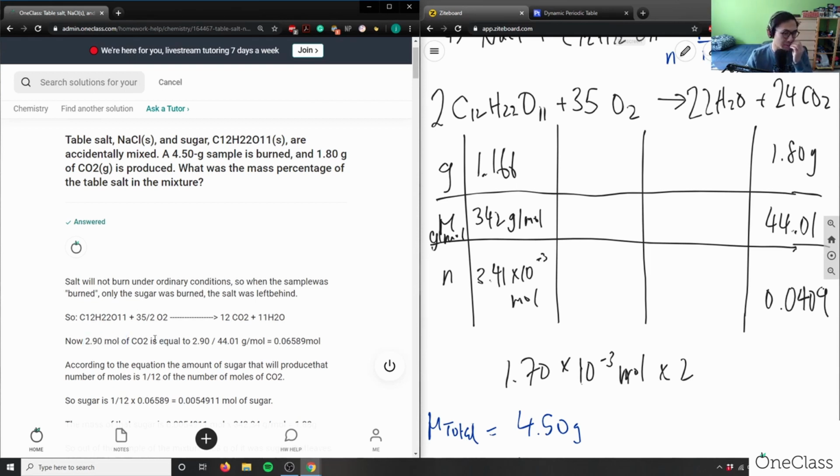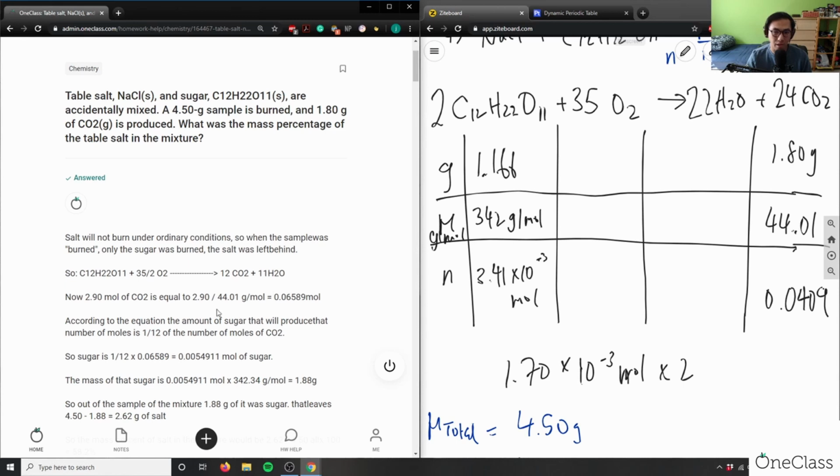I think they meant to write the mass of CO2 here instead of the moles of CO2, which threw off their entire answer. Because 2.90 is the number that they took out of thin air. I don't know where they got these moles. Also, 2.90 moles divided by grams per mole does not give us moles here. The unit analysis here is wrong as well.